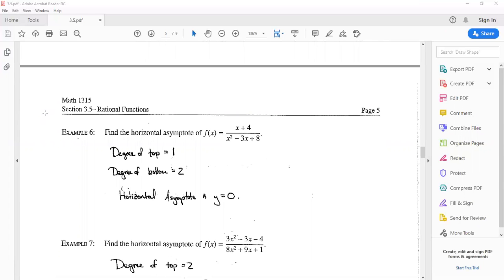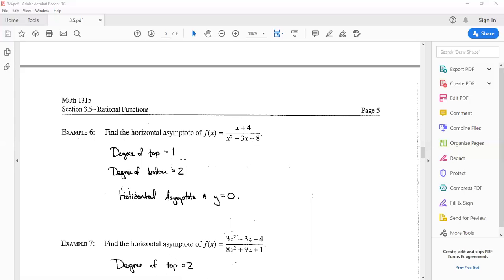So let's consider the function f of x equals x plus 4 divided by x squared minus 3x plus 8. It looks like the degree of the numerator is 1, since we have x to the 1 plus 4. And the degree of the denominator is 2, since x squared is the highest power of x that occurs there. So this abides by the first rule above.